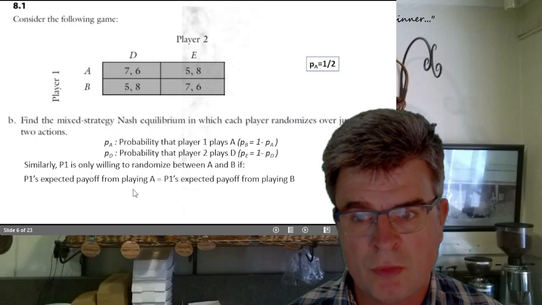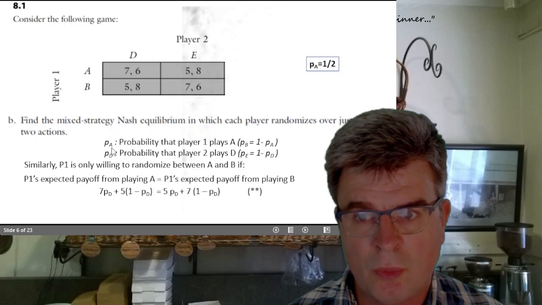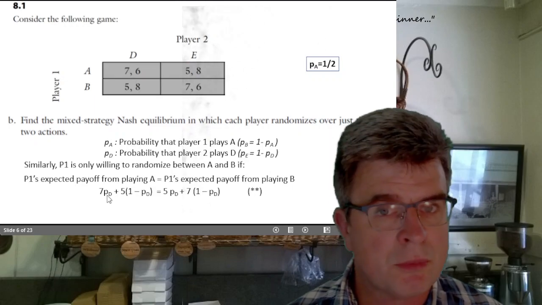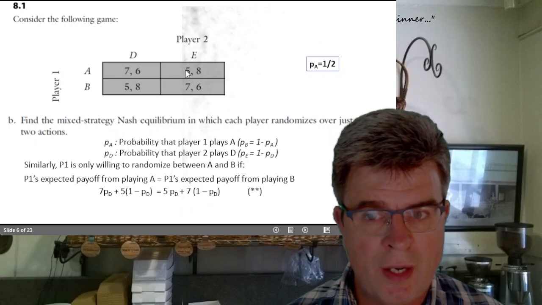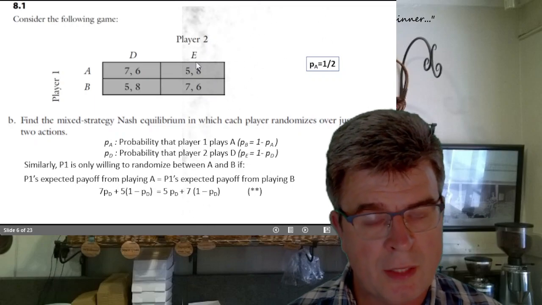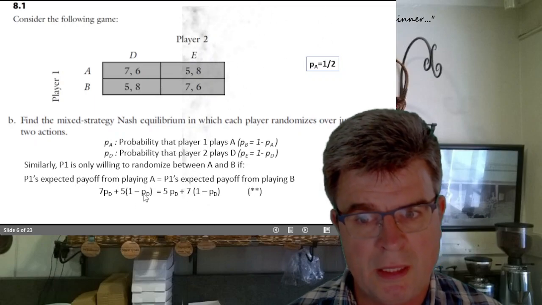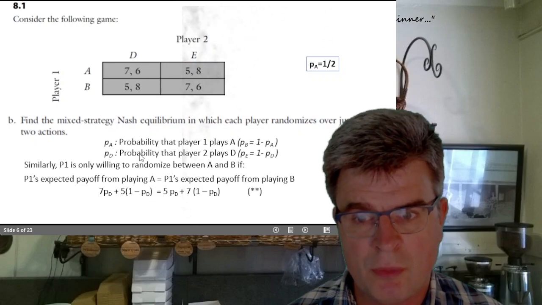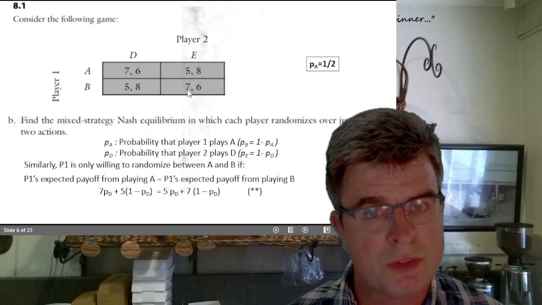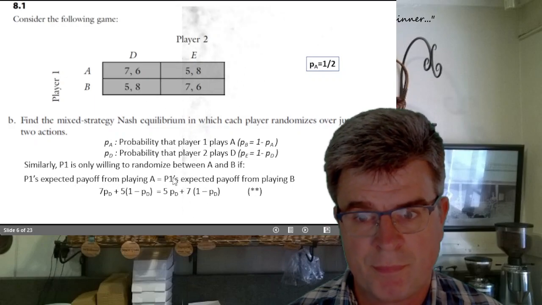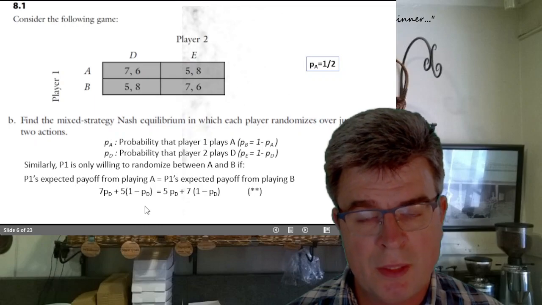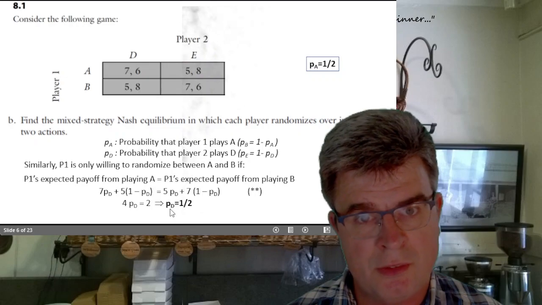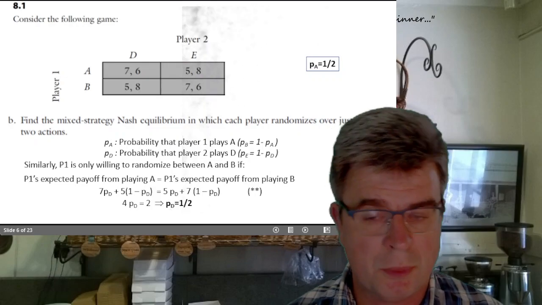The expected payoff from playing A is 7 if player 2 plays D, which happens with probability PD, and 5 if player 2 plays action E, which happens with 1 minus PD. And if player 1 plays B, the expected payoff is equal to 5 PD plus 7 times 1 minus PD. We equate the two, and we can now solve for PD. Doing that, we get that PD is equal to 1/2 as well.